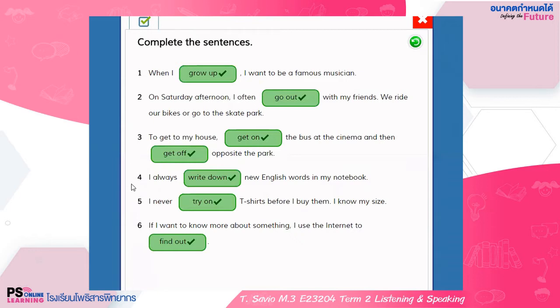Number 4. I always write down new English words in my notebook. Number 5. I never try on t-shirts before I buy them. I know my size. And number 6. If I want to know more about something, I use the internet to find out.